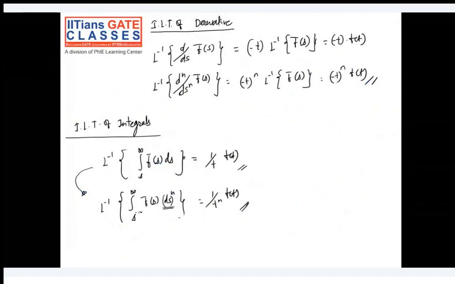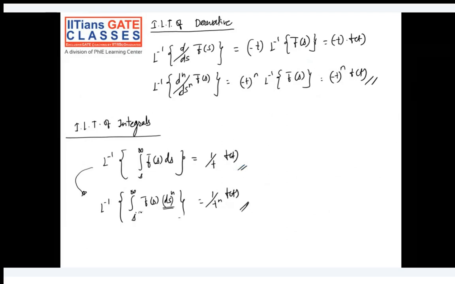Whenever you were multiplying the function by s, a derivative was coming. Whenever you were dividing the function by s, integration was coming. So same thing, just in the opposite manner. If you are taking the inverse Laplace transform of a derivative, you should multiply with t. Taking the inverse Laplace of an integral, you should divide by t.